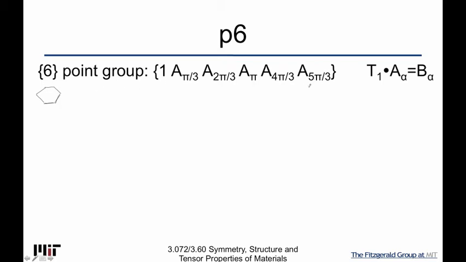We write it out this way in the group theory. And we've already done A over pi, because we did the P3, we've already done inserting these two angles using this theorem, right? So now the only new one we have to consider is the smallest new angle for a six-fold axis, which is 60 degrees. So let's write out all the ones that we already know, and then we'll do that one last.